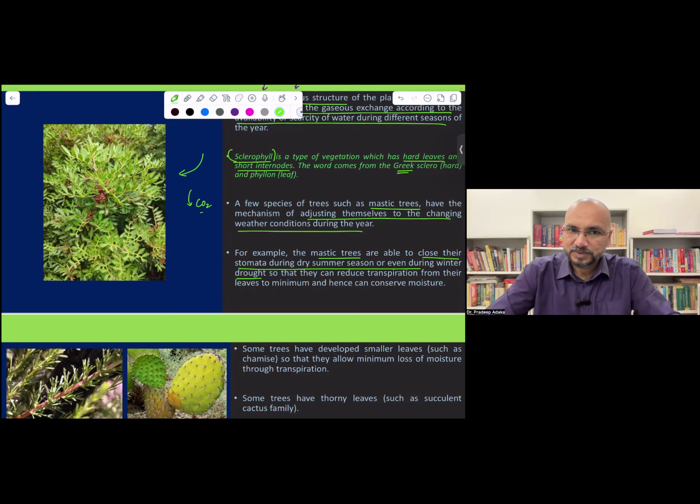Here the plant will have enough food reserves and it is a survival strategy. Plant survival is more important than food synthesis here. It has enough stored food material to carry on its respiratory needs and every metabolic need.